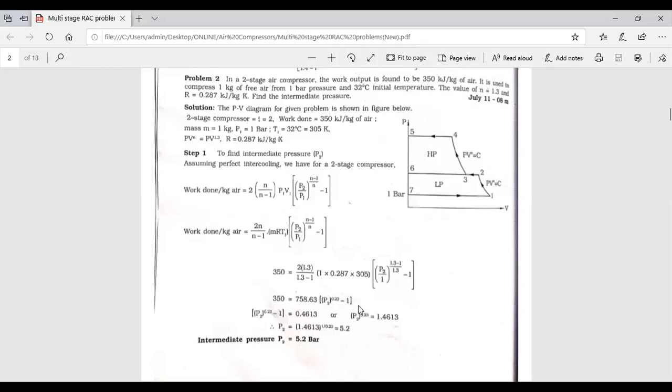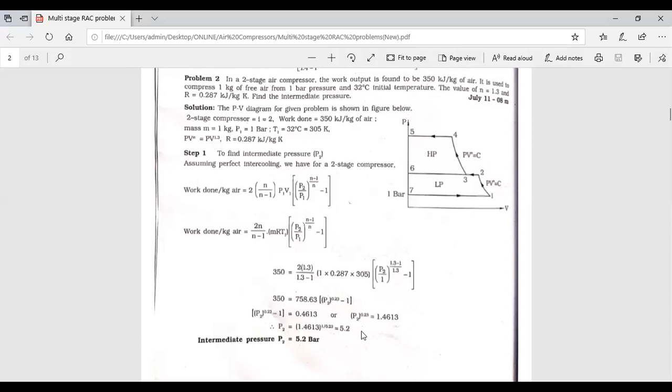Just you are going to divide the power what you are having here. So in that case, you'll get the value of P2. Divide the power by 0.23. So P2 to the power of 0.23 divided by 0.23 equals to 1.4613 to the power of 1 divided by 0.23. So after simplifying, you'll get the value of P2 as 5.2 bar.